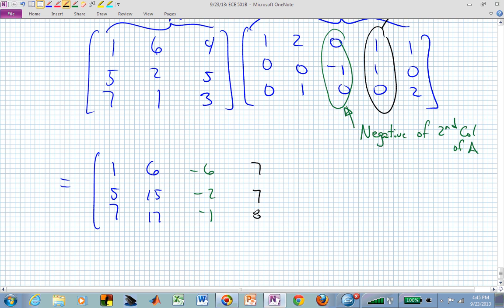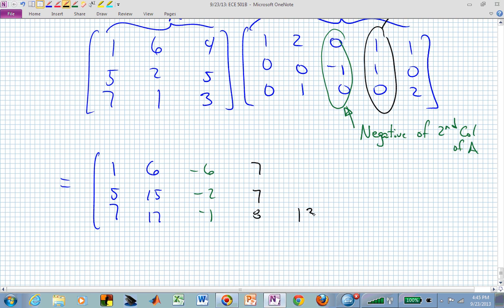And finally, the last column of the product is going to be just the first column plus twice the third. Twice the third will be 8, 10, and 6, and we just add those to 1, 5, and 7.